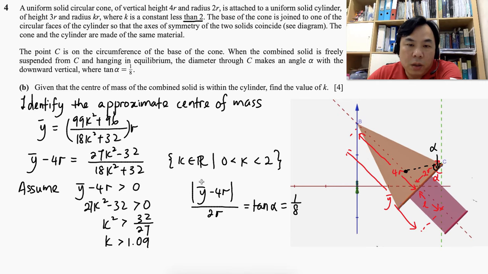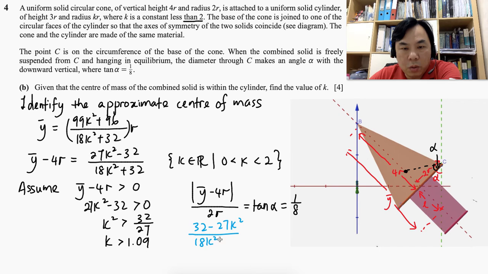In this case, you can give it a try. For instance, previously I did not use a modulus sign here. So if we use a modulus sign, it is possible that we could end up with 32 minus 27k square over 18k square plus 32 equal to 1 over 4 here.